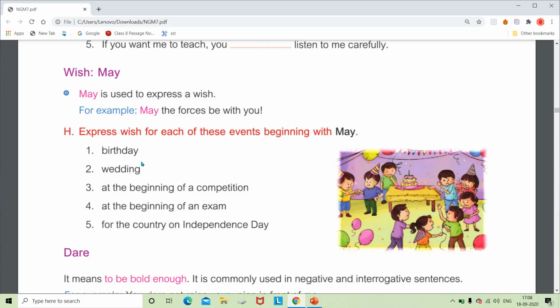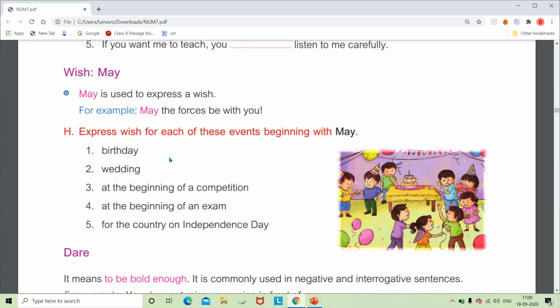So here the word birthday is given. How can we express a wish using the word birthday, beginning with "may"? We can say: may you have a wonderful birthday, may you have a happy birthday! Then wedding: may you be very happy together! Or else we can say: may you have a happy wedding!